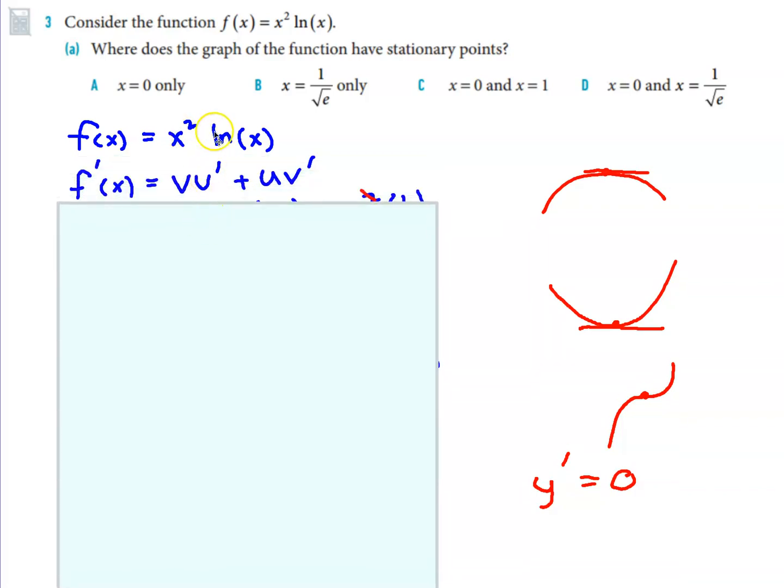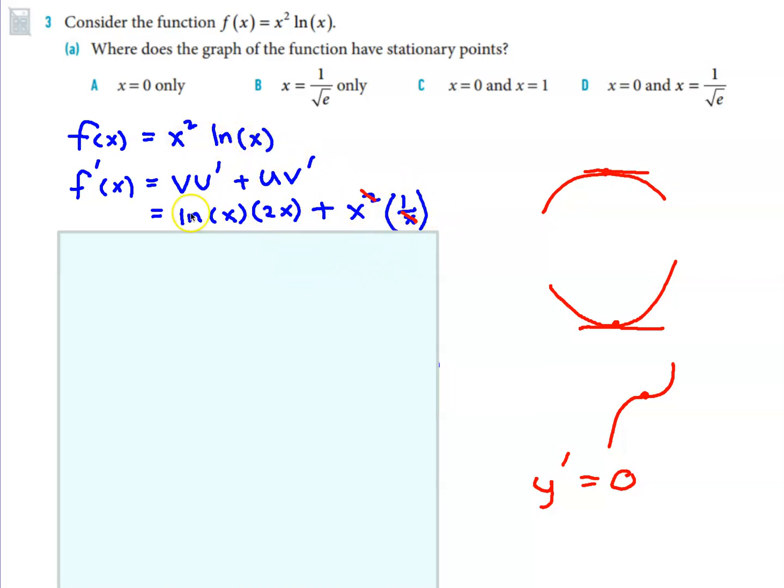Okay, now we've got a function times a function, so we need to use the product rule for this. So it's the second function times the derivative of the first, plus the first times the derivative of the second. Again, you might want to stop and see if you can do that yourself. Okay, so the second function is natural log of x. The derivative of x squared is 2x, plus the first function is x squared, and the derivative of natural log of x is 1 on x.